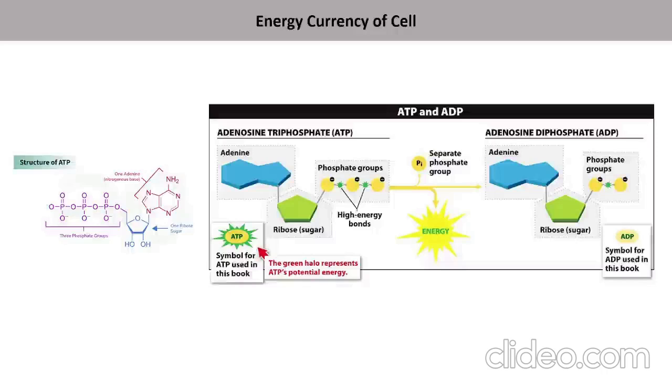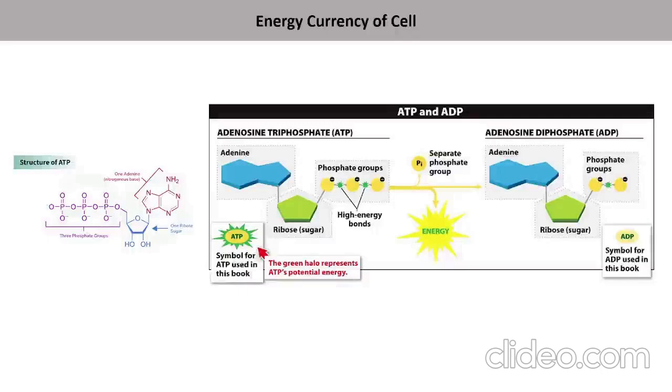According to the words, it's quite easy to understand that adenosine triphosphate will contain three phosphate groups, diphosphate will contain two phosphate groups, and monophosphate will contain one phosphate group. So basically ATP is a molecule which consists of ribose, which is a 5 carbon sugar, and an adenine group attached to that sugar.